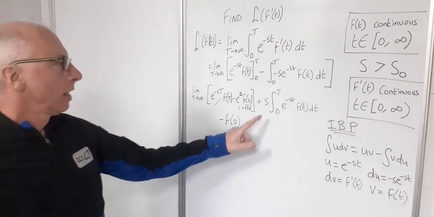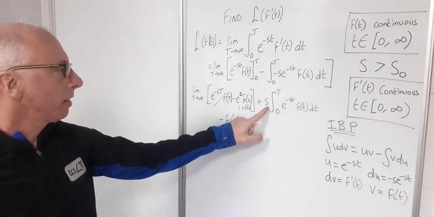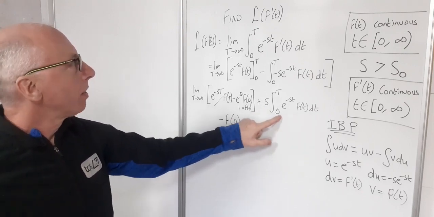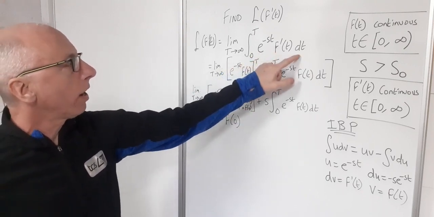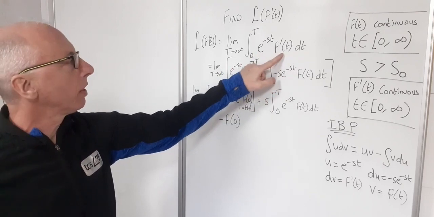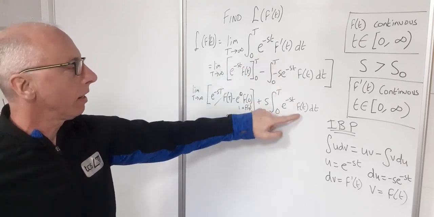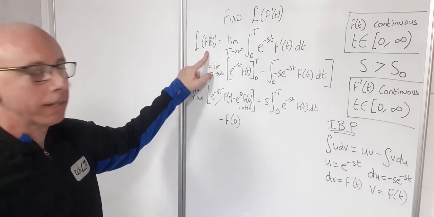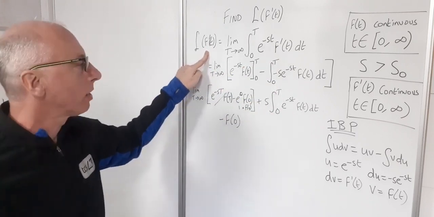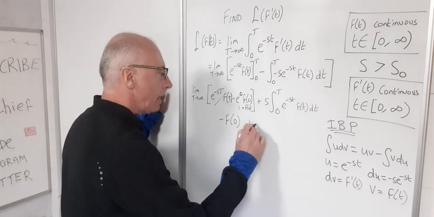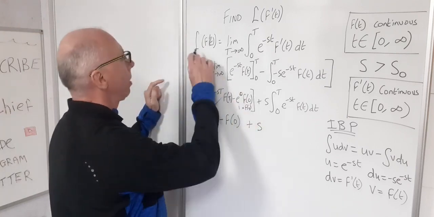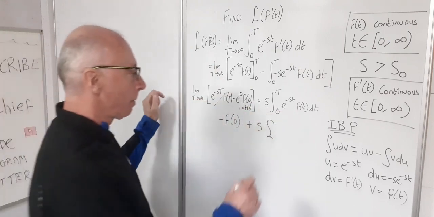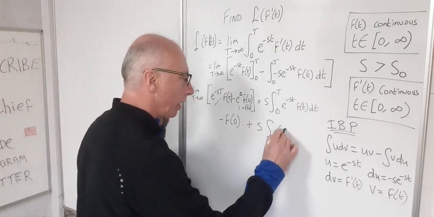Okay. Now here I've got s, so that's got to stay. But this here is looking very similar to what I have here, except that my derivative is the input inside here. Here I've got the function. So therefore this is the same as a Laplace transform representation by integral. So I can add s times the Laplace of my function f of t. So let's write that in there.